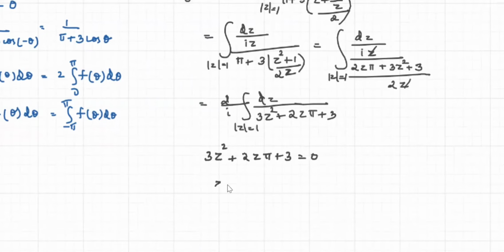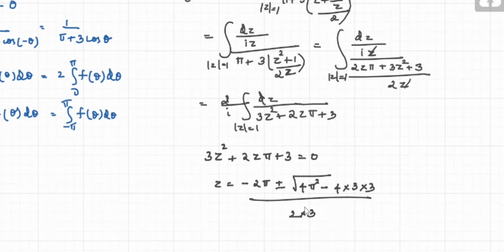And we will get z is equal to minus b plus or minus root of b square minus 4ac divided by 2a, and that is equal to minus 2 pi plus or minus root of 4 pi square minus 9 into 4 is 36 by 6.